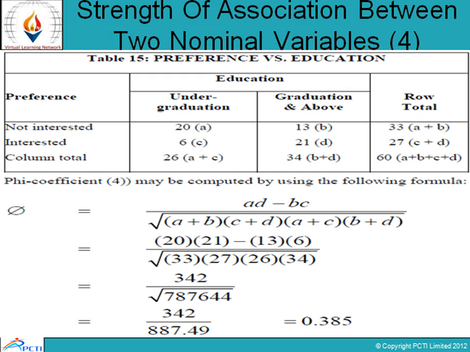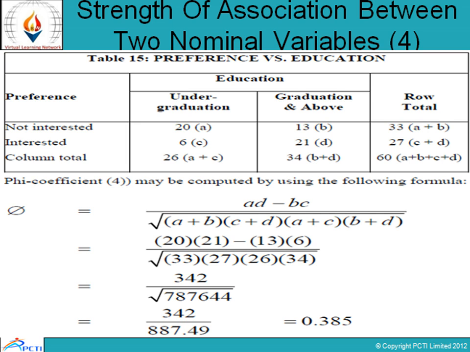The phi coefficient may be calculated using the formula phi is equal to AD minus BC divided by the square root of (A plus B) multiplied by (C plus D) multiplied by (A plus C) multiplied by (B plus D). The resultant value is 0.385.